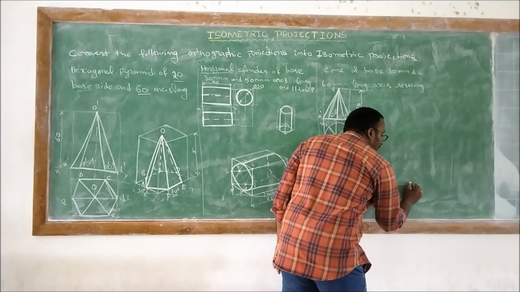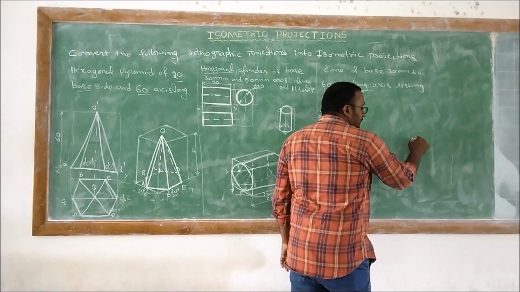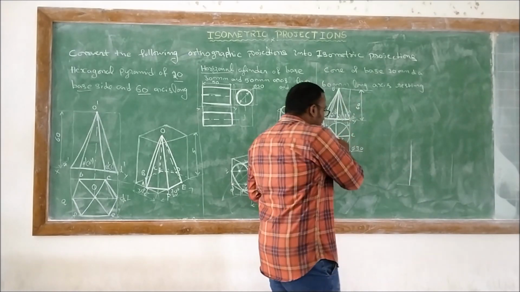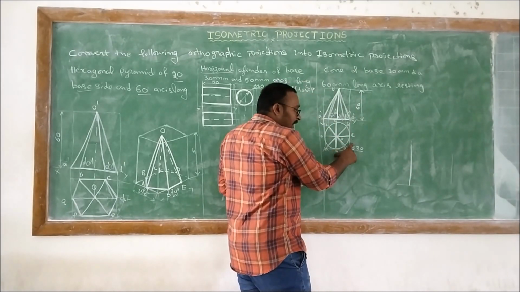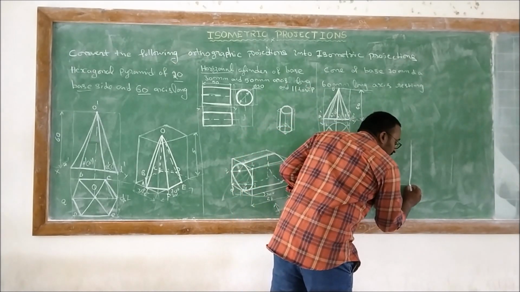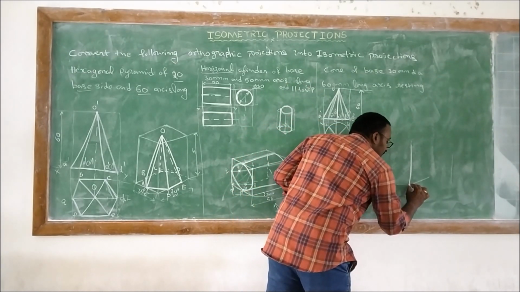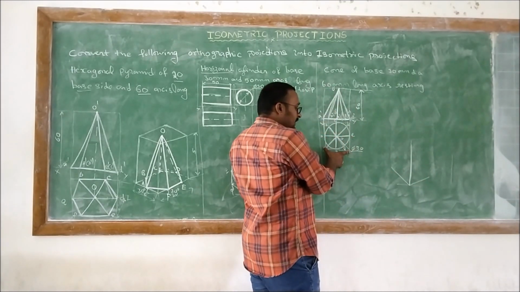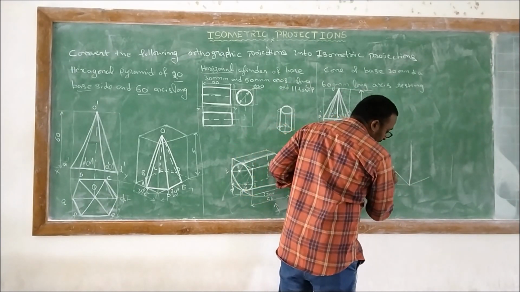The vertical line will be vertical, as I already told, and the horizontal lines in the top view, all the sides, should be inclined at an angle of 30 degrees to the ground, so that this length must be equal to the diameter of 30.